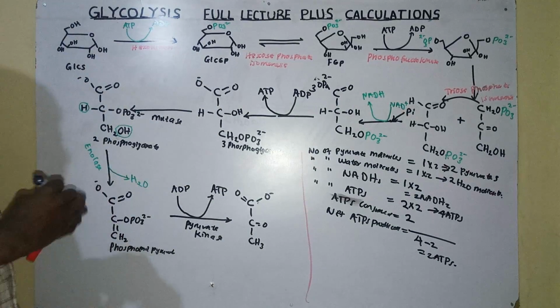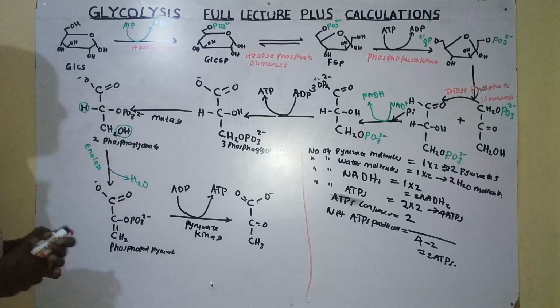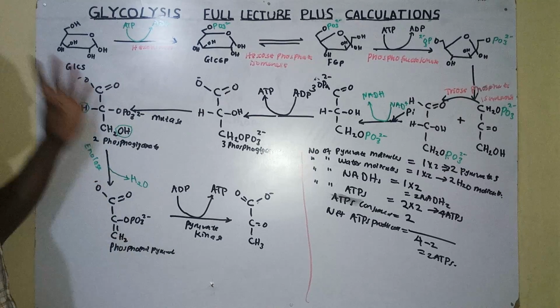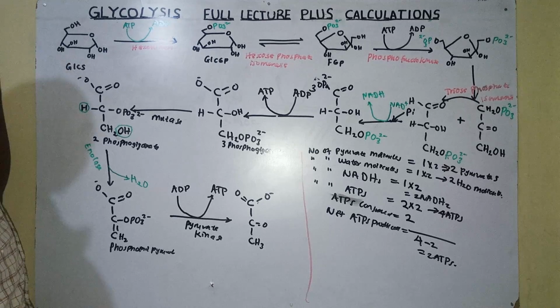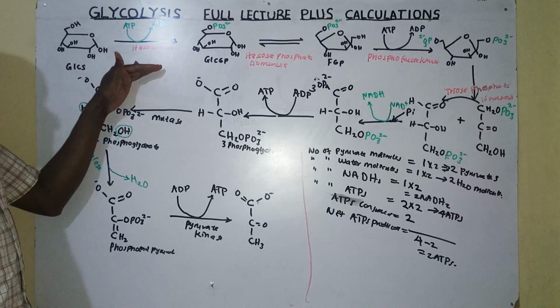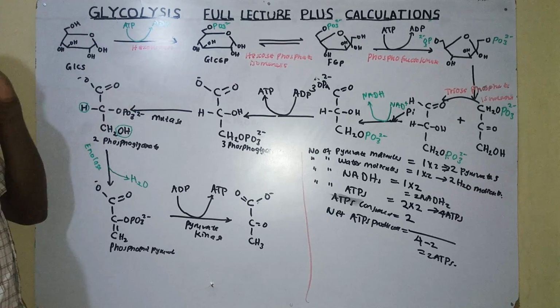So we can proceed. We can just confirm what we have been looking at. At step number 1, glucose is phosphorylated by hexokinase enzyme, and in this process, ATP is consumed.